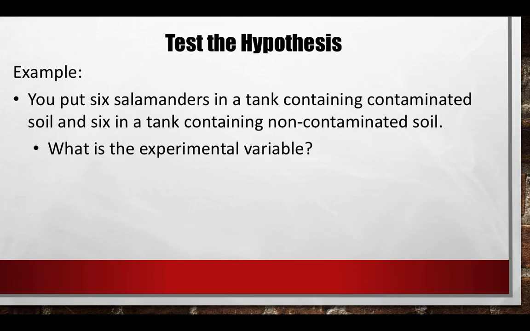The two possibilities are the type of soil, or maybe the type of tank or something else like that. Well, the experimental variable in this case, as we said a little while ago, is the type of soil that we use.